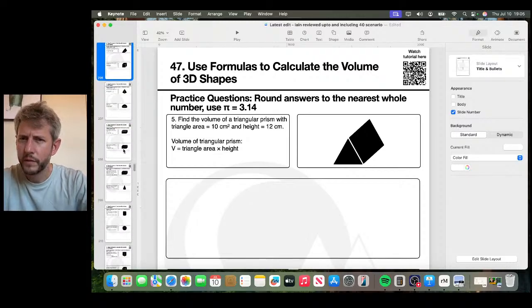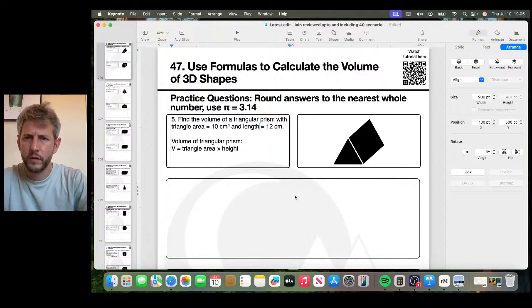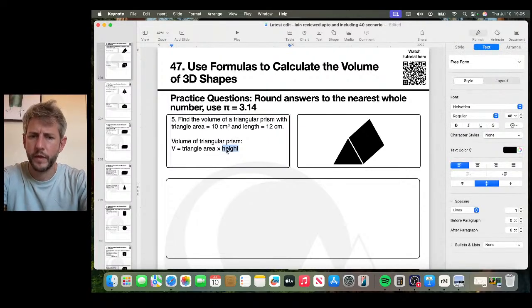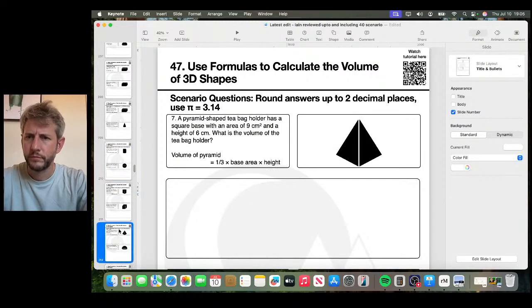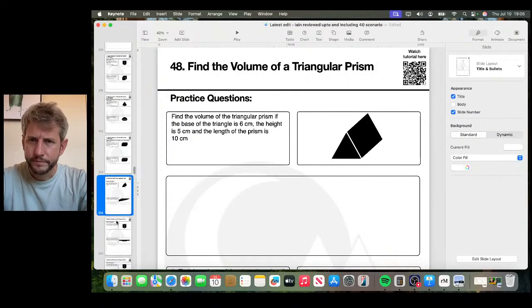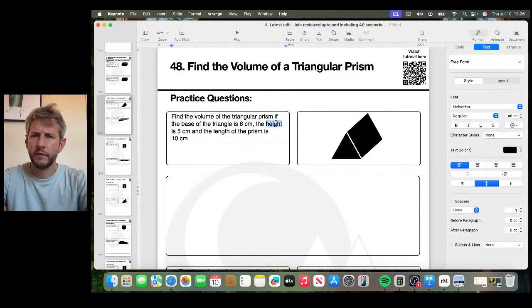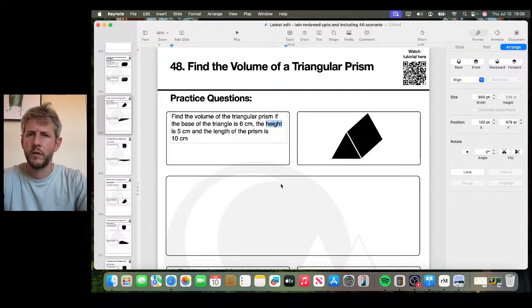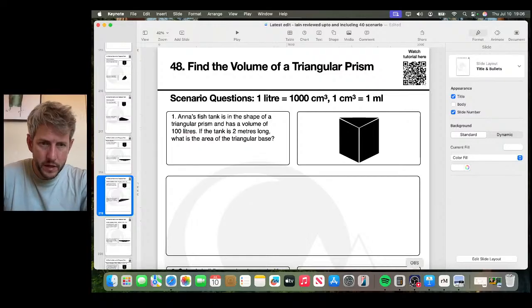That should say length. That should say length. Right. So there we go. So that's all sorted there.